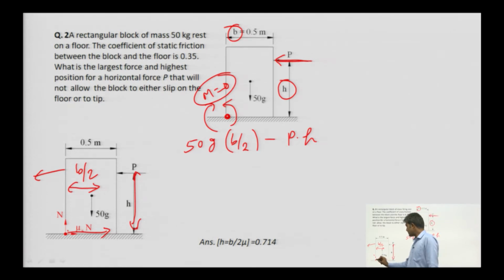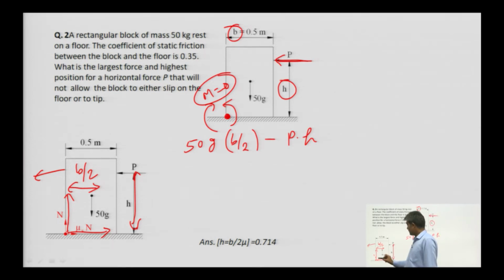Here, at this point, two more forces are acting, N and mu s into N. Since they are acting at the same point, the perpendicular distance for both will be 0. Why have I taken the reaction at this point and not here? Because at the time of overturning, this block will have contact at this point only.